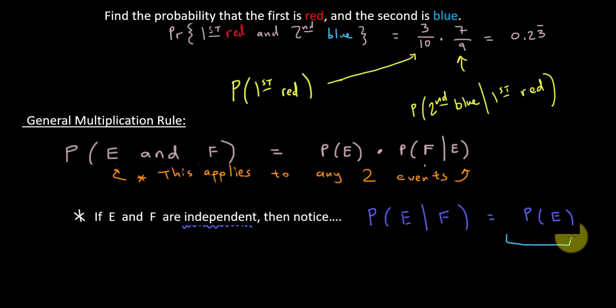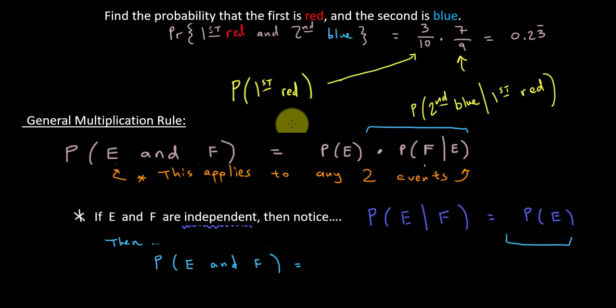Then substituting this bit here up here with the light blue portion, notice our formula turns into probability of E and F simplifies to the probability of E times, oh, this amount in light blue, we're just going to replace it with this light blue, probability of F. And so this light blue formula was shown in the previous video, right?